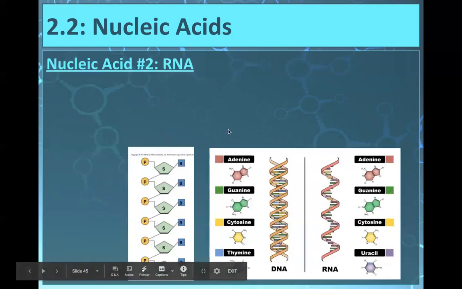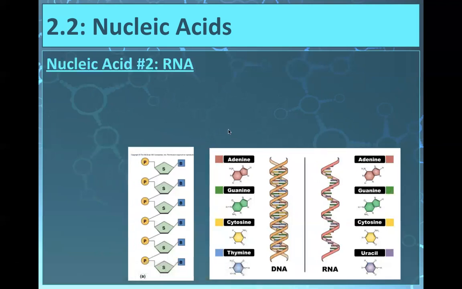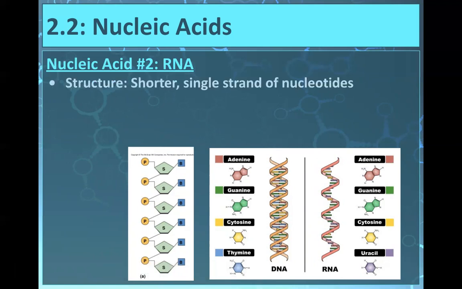All right, next we have RNA, and RNA is similar to DNA in that it is a strand of nucleotides, but it is much shorter. RNA is just going to be a copy of a gene, and a gene is just a really small portion of any given strand of DNA.